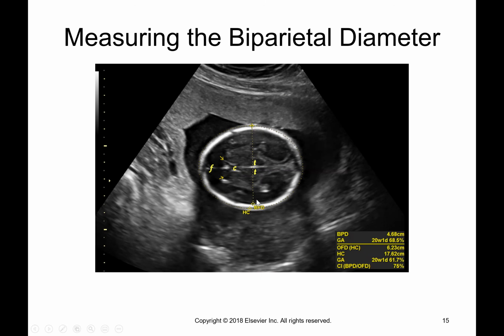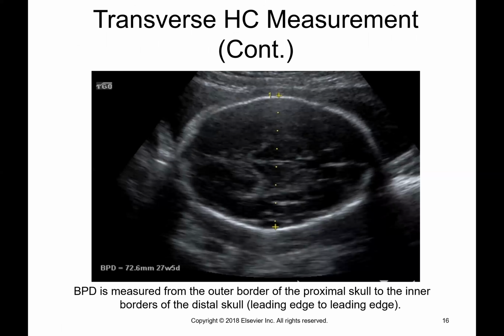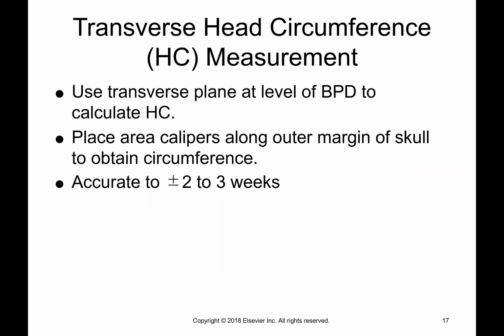And for your biparietal diameter, you want the leading edge of the skull to the leading edge of the skull, straight down through the thalamus in a perpendicular plane. Here's one more. I just really want you to understand that the leading edge is a very, very important part of measuring the head.